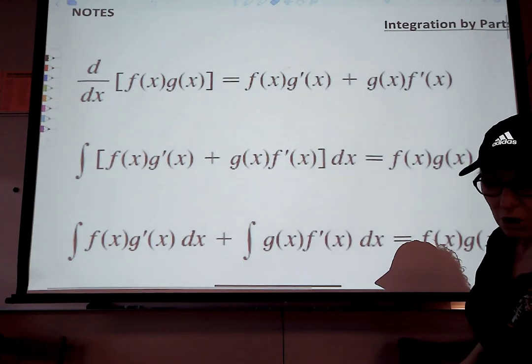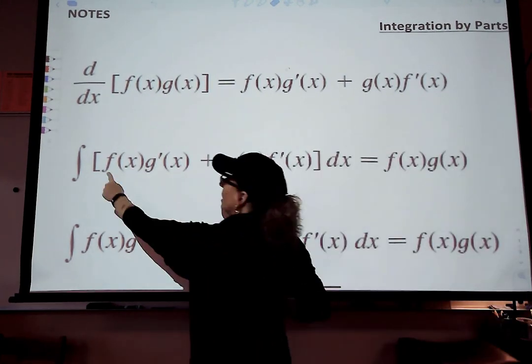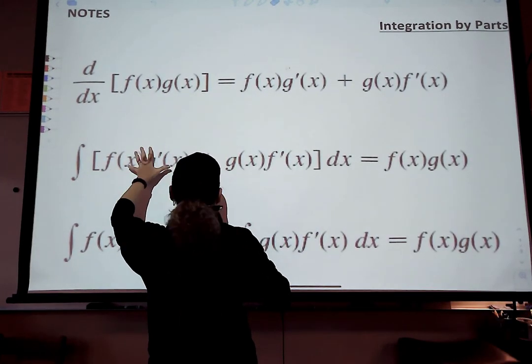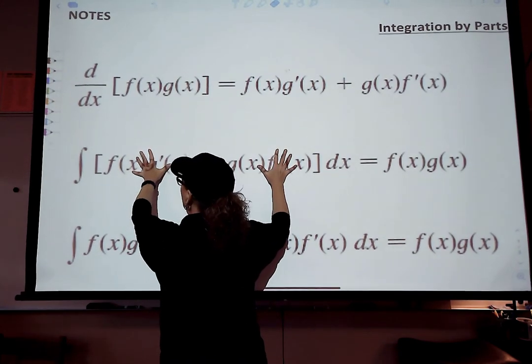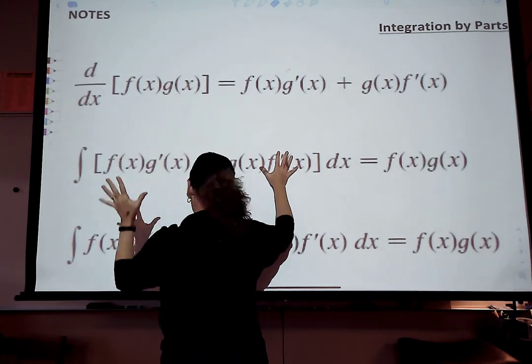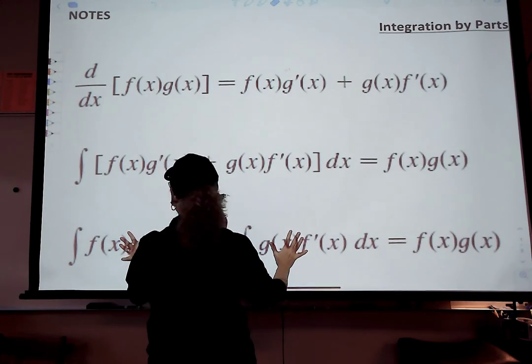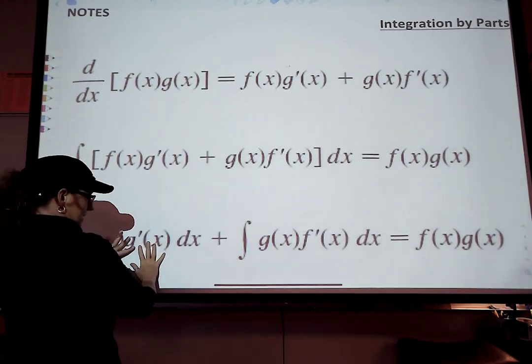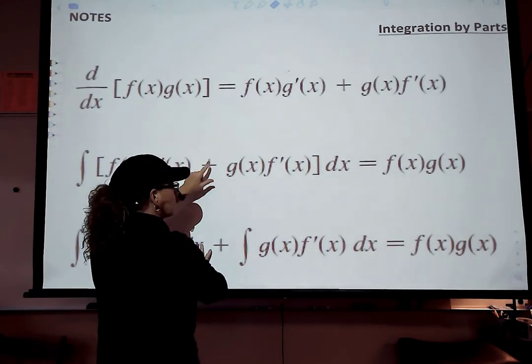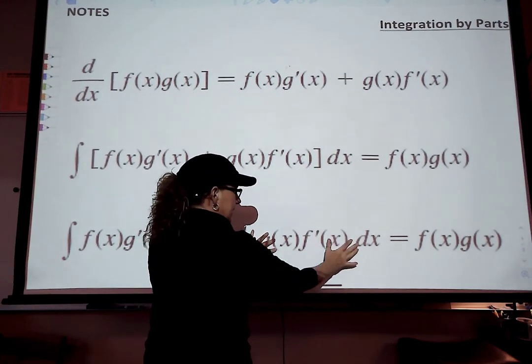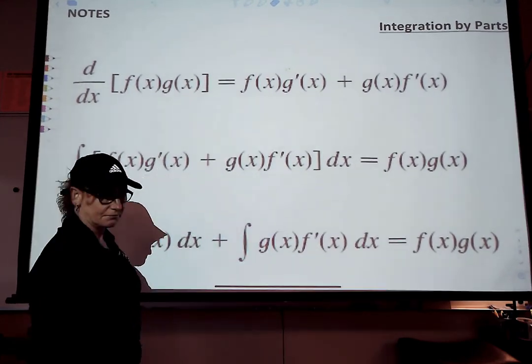Now, you all know that when you have an integral and you're integrating two separate terms, you can split your integral into two separate integrals. So we can do the integral of this piece with a dx on it, plus we can do the integral of this piece with a dx on it. That's all it was done.